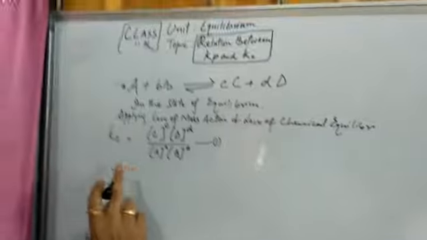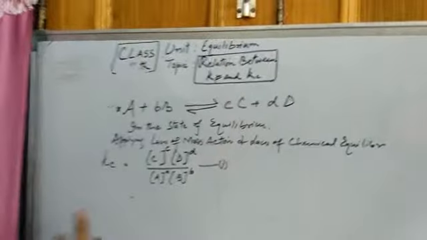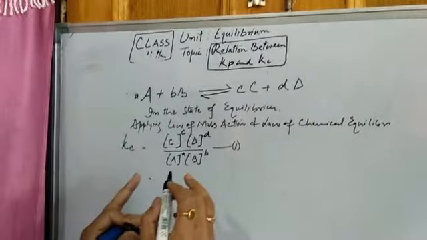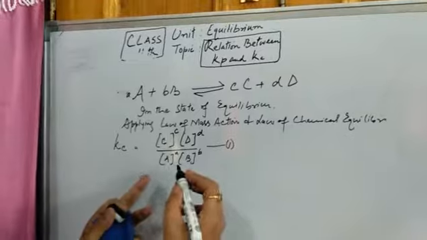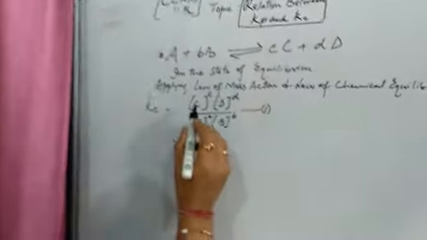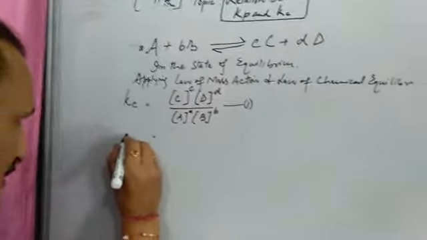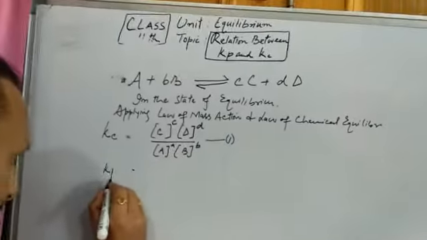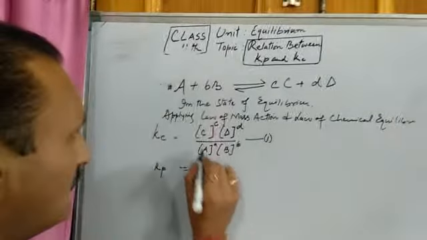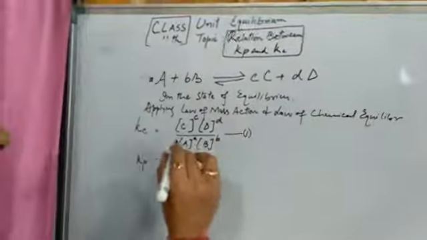So equation first is Kc equal to this, and if in place of concentration we take into account partial pressure, then this equation will be like this: Kp, P for partial pressure, with the partial pressures of these products and reactants.